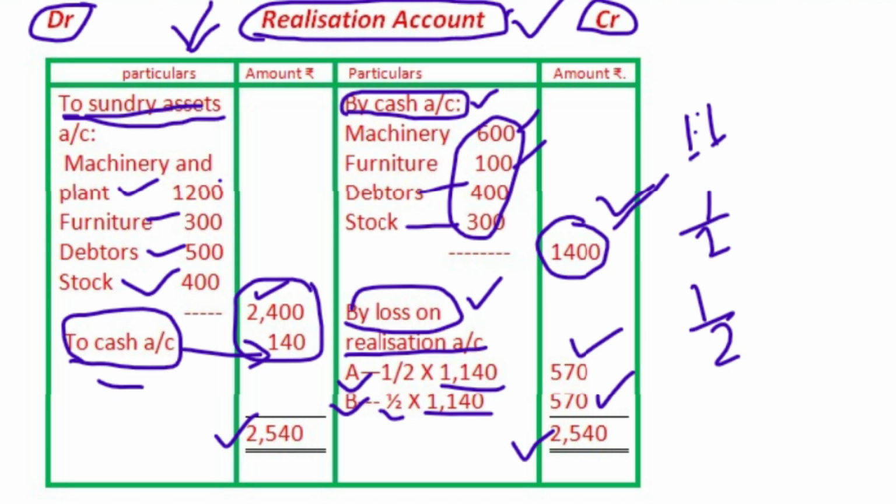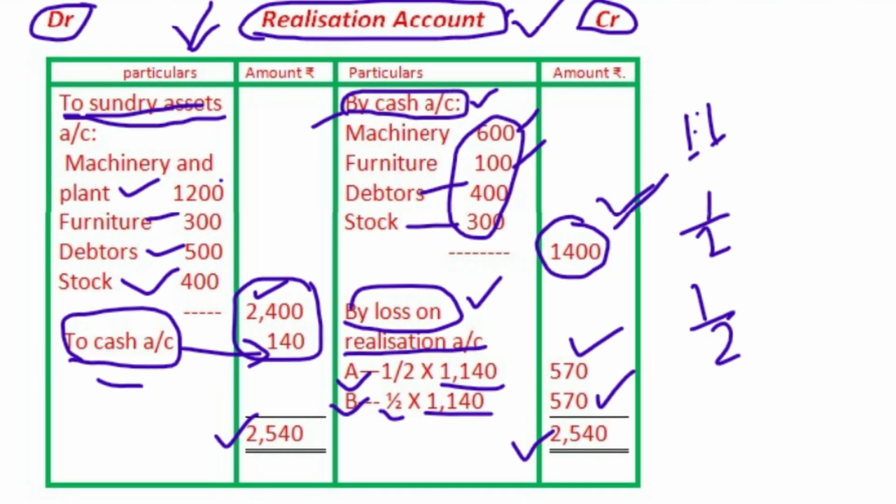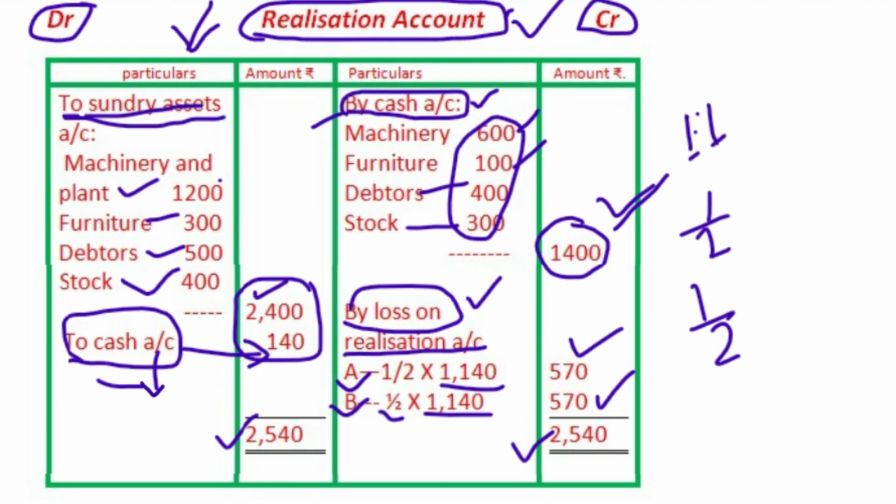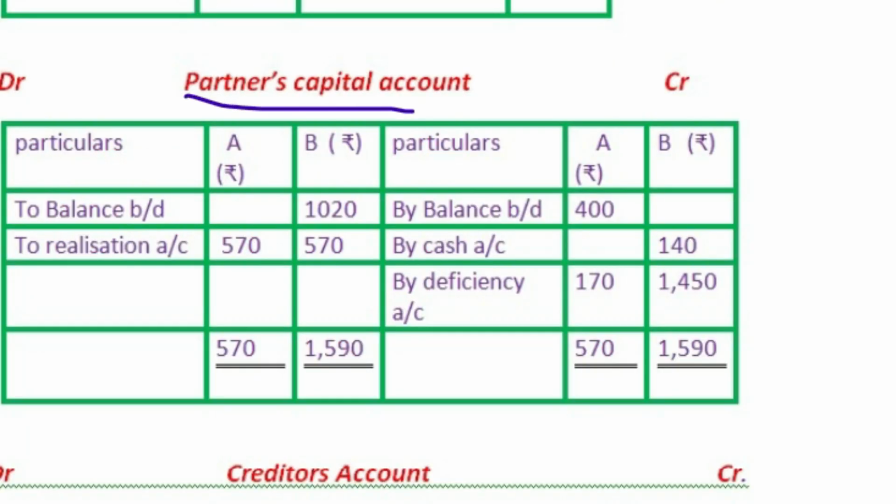These are the cash transactions. When we prepare the cash account, this cash will be transferred to the cash account, appearing on the debit side and the credit side accordingly. Now the capital accounts of partners.